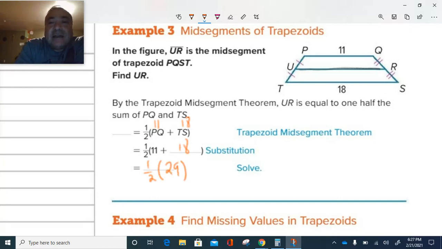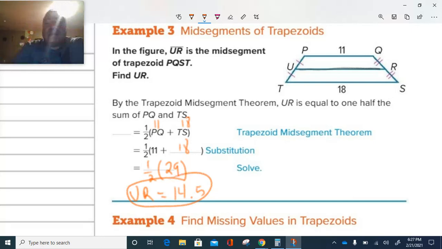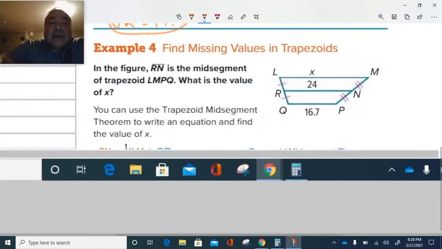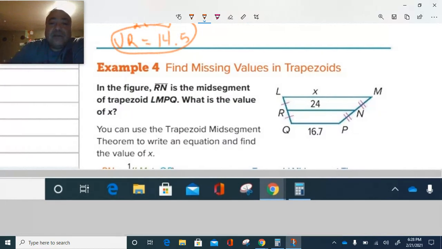So a half of that, the length UR will measure exactly 1/2 of 29, which would be 14.5. There it is. Very simple, guys. And we need to take that into account. That's all you do. You just take half of that.